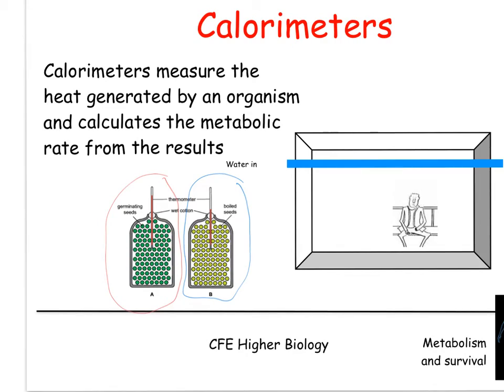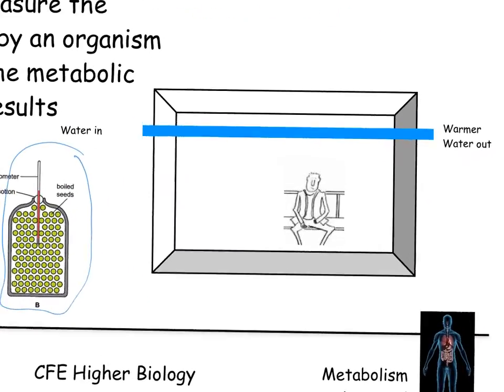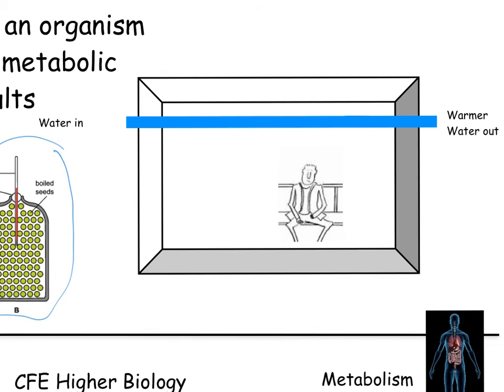metabolic rate are more complex calorimeters, and the idea is you have a sealed room. Obviously, you're going to have to give the individual oxygen, and when they're in this insulated room, there are pipes going through that room, and water is fed through those pipes, and as the individual that's in here gives out heat, the water will get warmer.